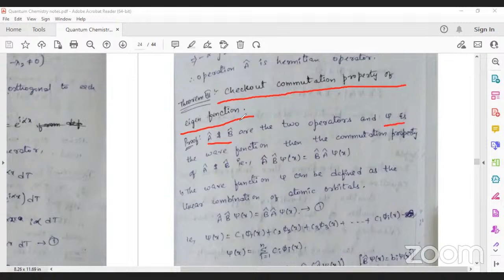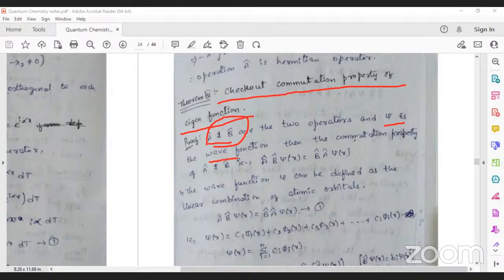Whenever we are going to conclude the commutation property, two operators are required. So remember that two operators are required. The two operators are A and B, and psi is the wave function.